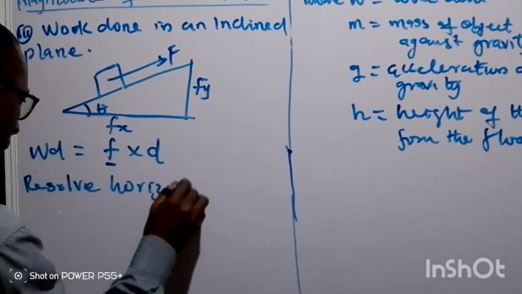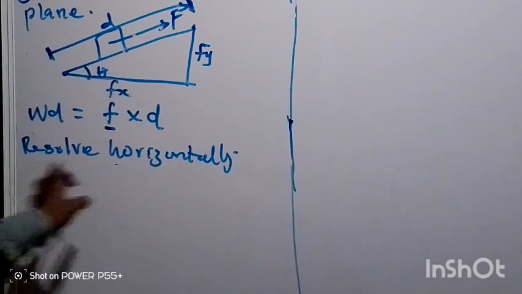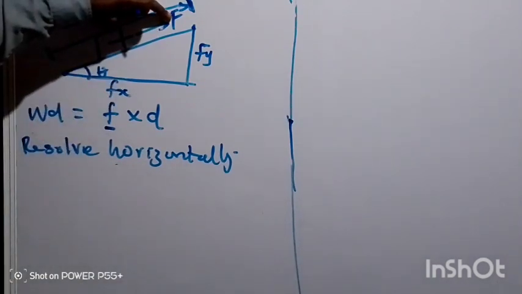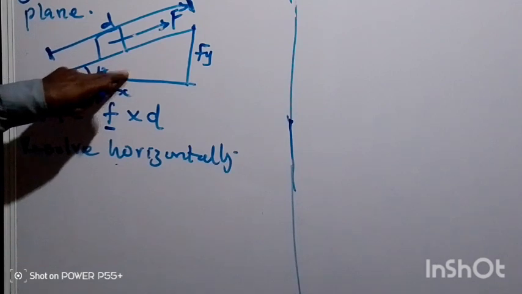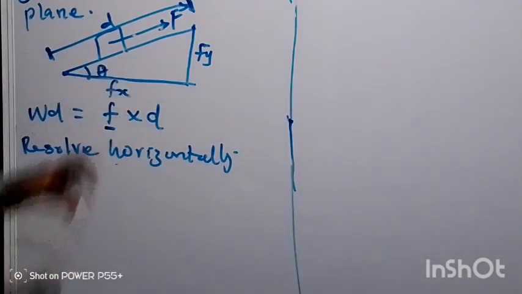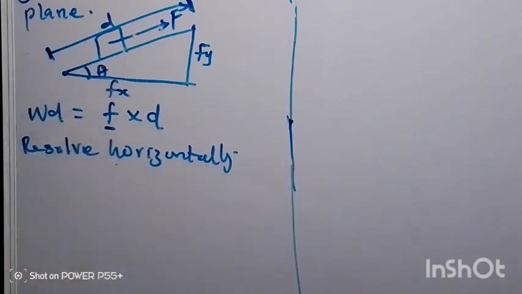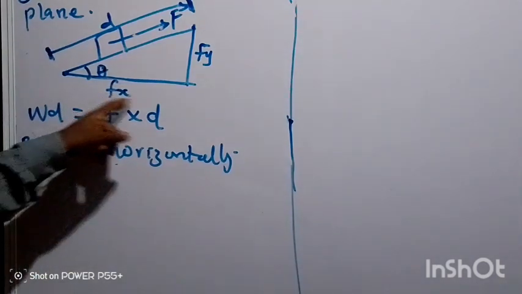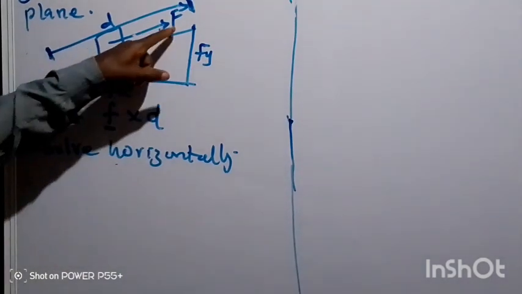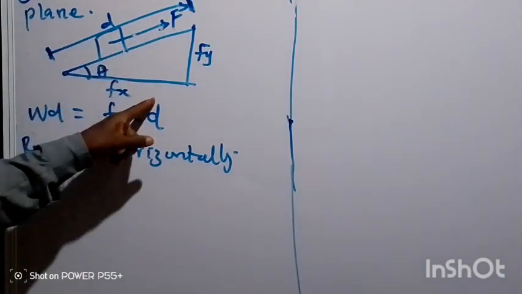This F makes angle theta, which is why we call it an inclined plane. It will have 2 components, as I said: the horizontal component, which is Fx, and the vertical component, which is Fy.